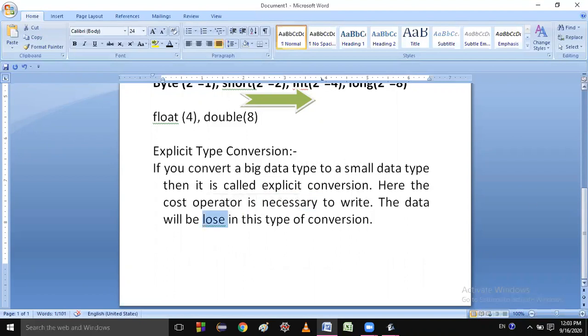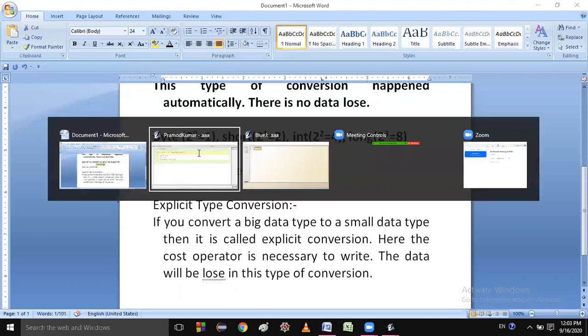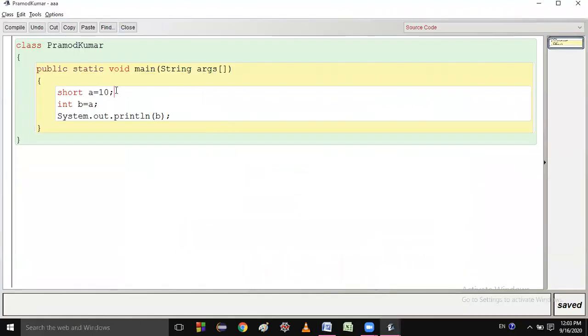Okay, so let me write for you. Suppose you know that short is having 2 byte, and float is having 4 byte. So suppose I have a data like float b equal to 12.3f.